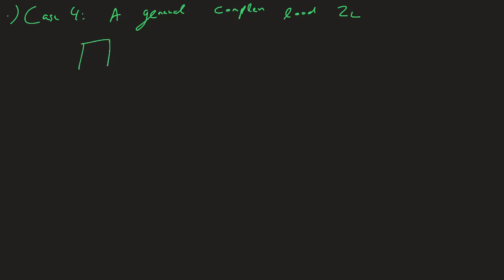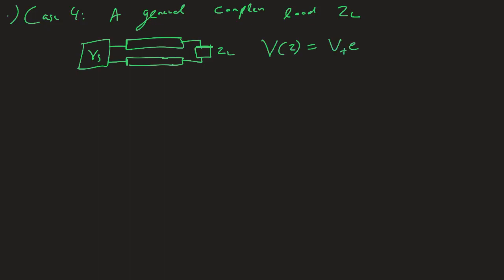In this scenario, this is your voltage source, this is your transmission line, and this is ZL, our general load. At any given point along the line, we know that V of z becomes equal to V plus e to the minus gamma z plus V minus e to the plus gamma z, right?